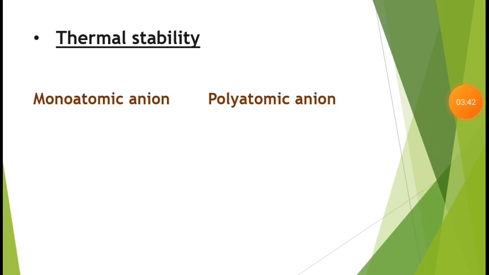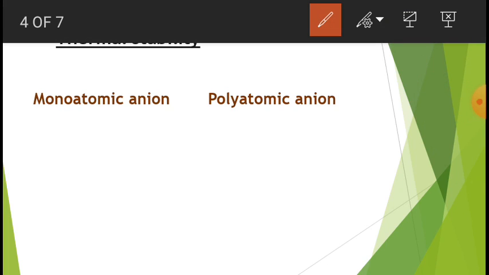Next is thermal stability. Thermal stability for group 1 and group 2 can be explained with two types. First is monoatomic ion and second is polyatomic ion. One by one we will discuss these.